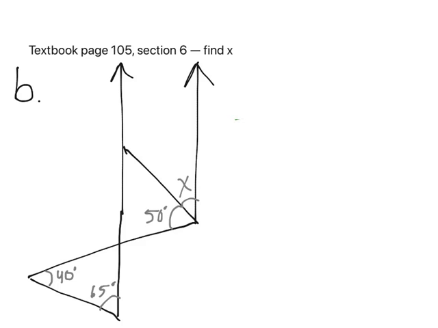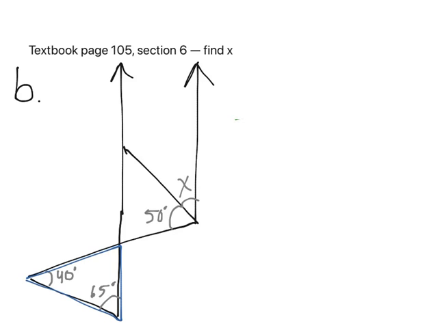Now, again, this is a little challenging. How are we going to get to x? Well, we know some information already. We have a triangle down here, don't we? And we know that triangles equal 180 degrees as well.